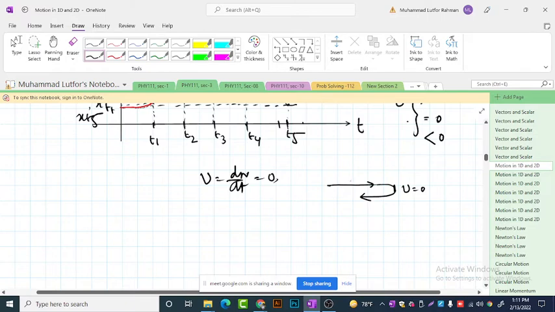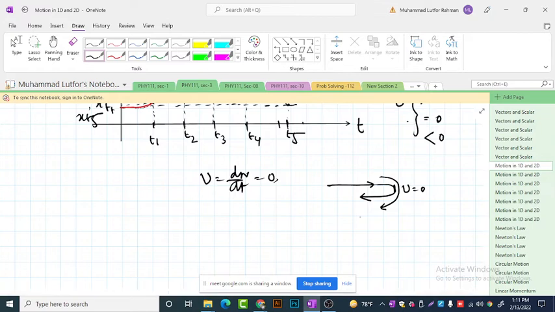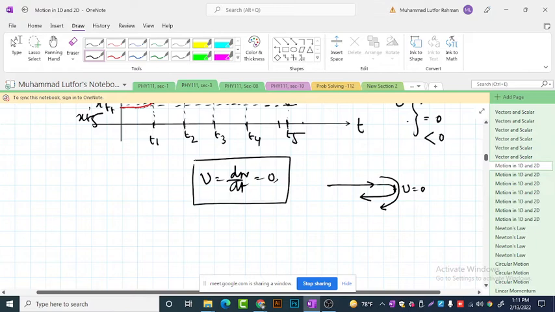Although you will not notice that difference, because the car makes a turn due to its inertia. That's why the car is able to make a turn. But at the turning point, the instantaneous velocity is 0. So that's why we can say that the car is momentarily stopped there. So that's the physical significance of the instantaneous velocity being 0.